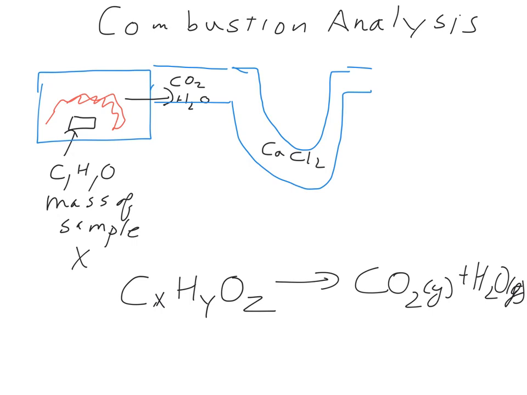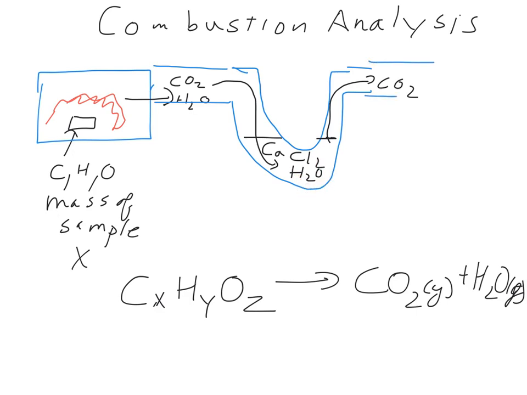You'll know the mass of this tube and the calcium chloride before you set your gas on fire. The water will have such a high affinity for the calcium chloride that as the gas passes through the calcium chloride, the water will wind up staying behind, and only the carbon dioxide will wind up leaving. The difference in mass of this tube before you set your sample on fire compared to what you had afterwards will be how you'll get your mass of water.